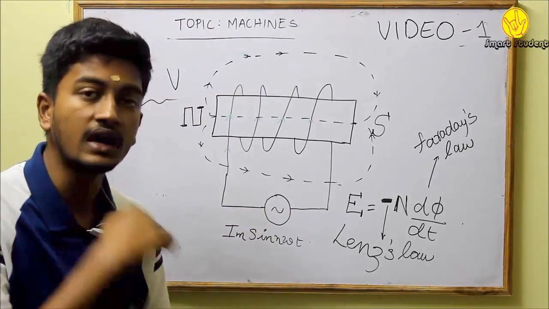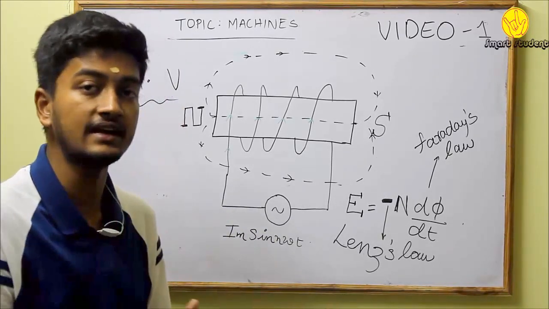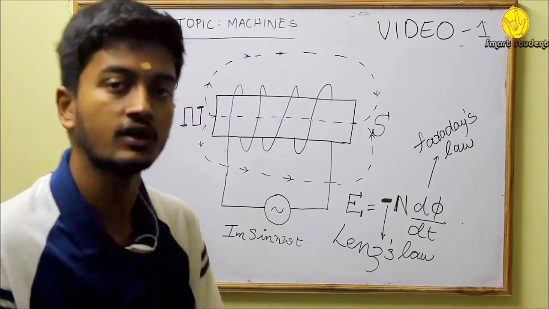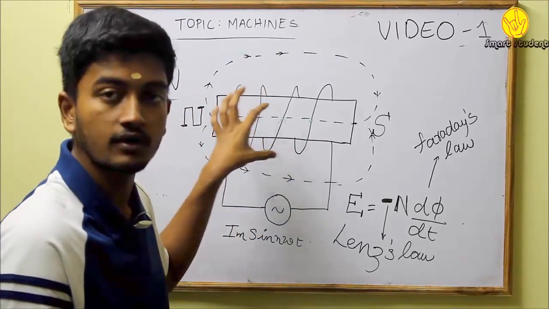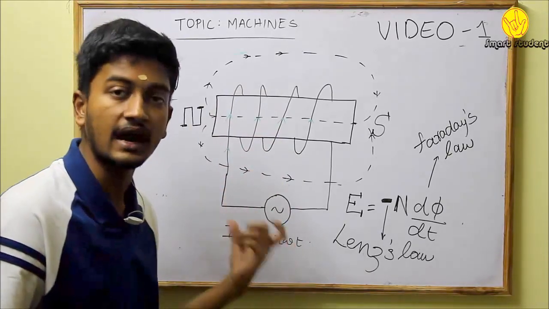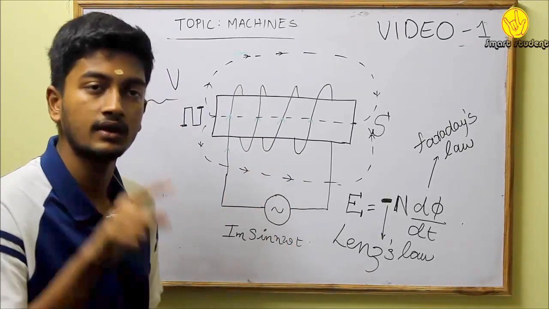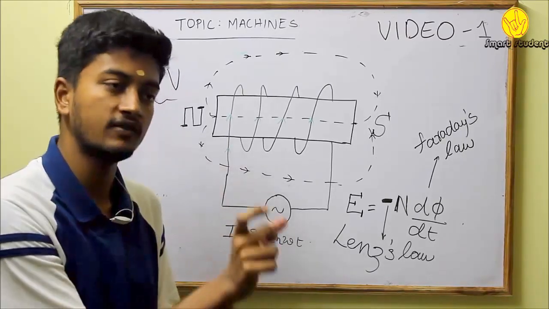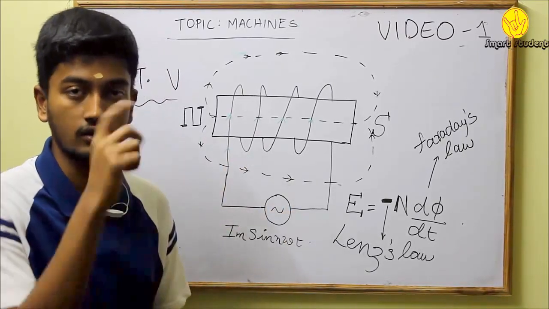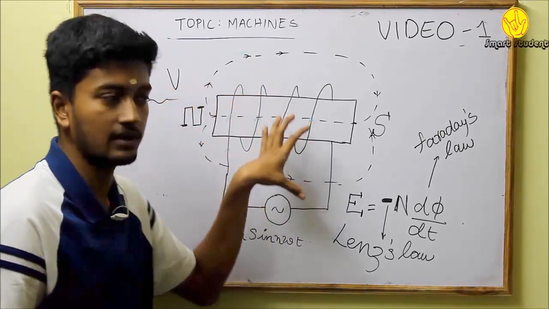Now, in order to know the direction of this statically induced EMF, consider this metal bar. When it is energized by an alternating source, the current will be varying, and the flux which is produced by this current is also varying in nature. This flux links with the metal bar.